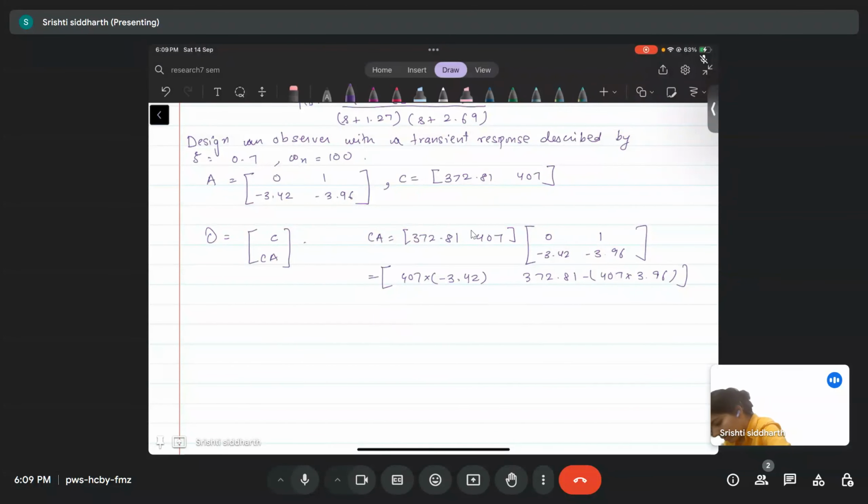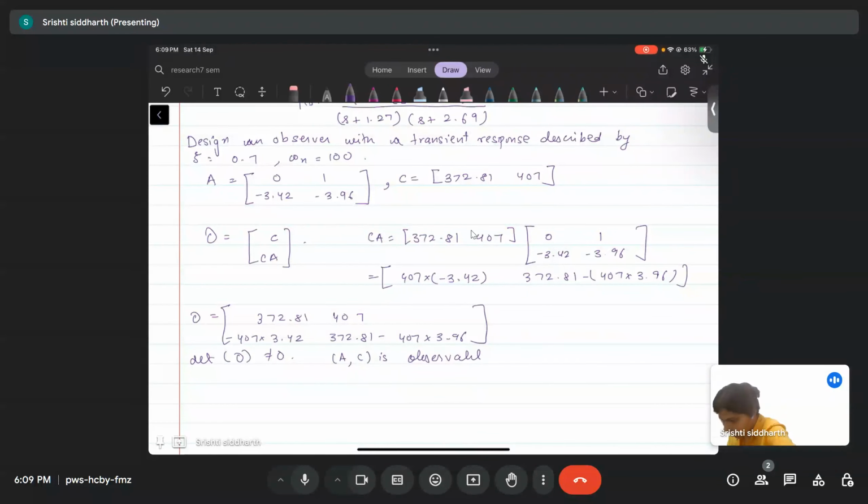Okay, so the observability matrix becomes 372.81, 407, and so on. You can check that the determinant is non-zero. So we conclude that the pair AC is observable.